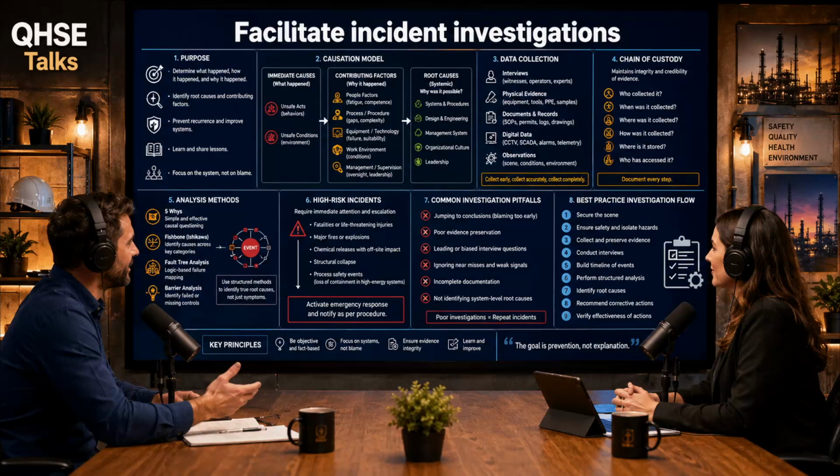Why does that matter so much? Well, a chemical stain might look dark brown under an artificial camera flash, but it might have been nearly invisible to the operator under the dim sodium vapor lights that were actually on at 2:00 a.m. when the incident occurred. If you take the photo at noon with the bay doors open, you are completely misrepresenting the operator's visual environment. Exactly. You have to document the exact date, the time, and even the orientation of the photographer.